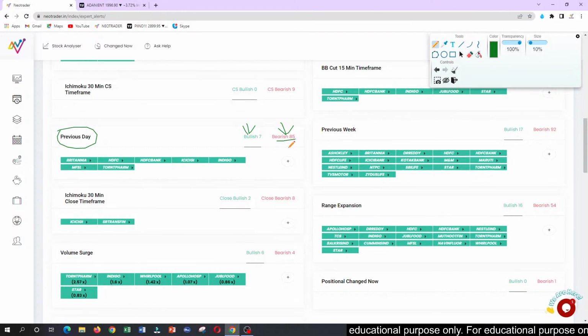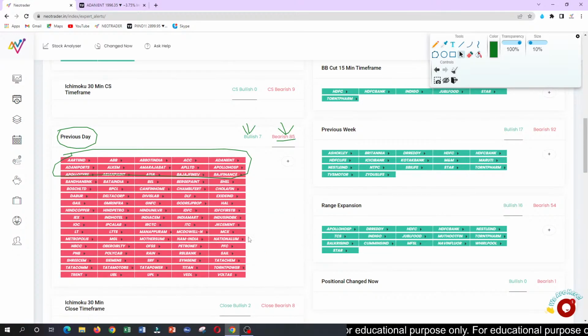First of all, it means the trend is still negative. Only these 7 stocks are above their previous day's high, but 85 stocks are below their previous day's low. So I hope that resolved your doubt.